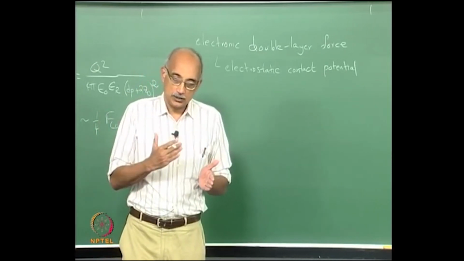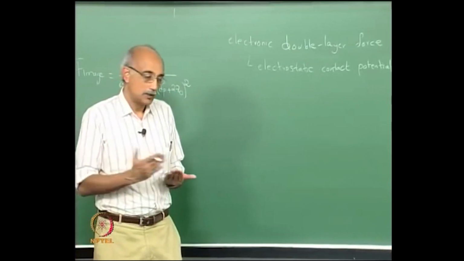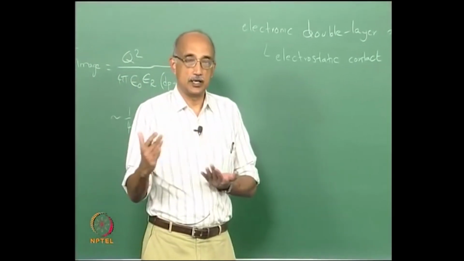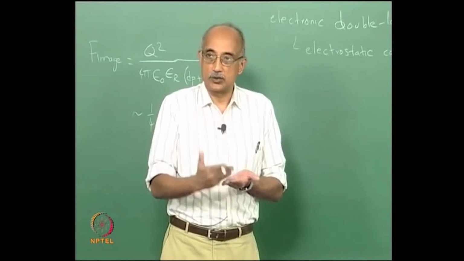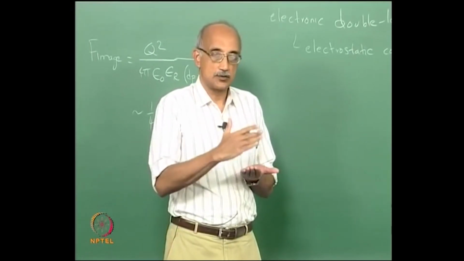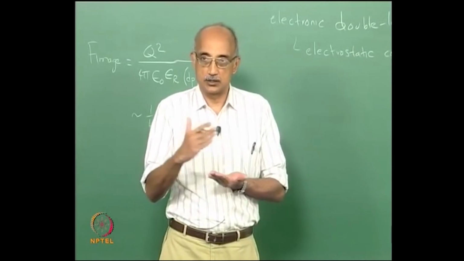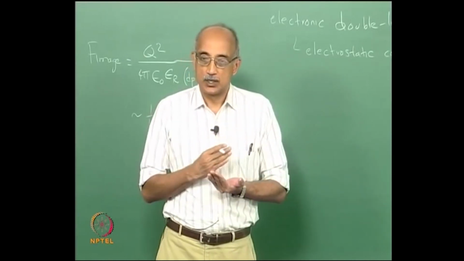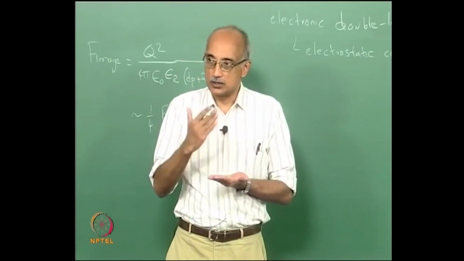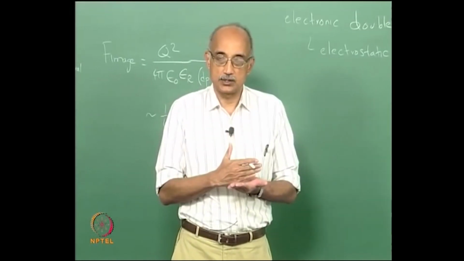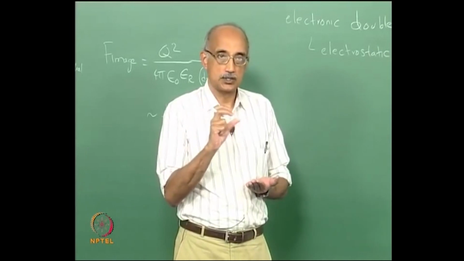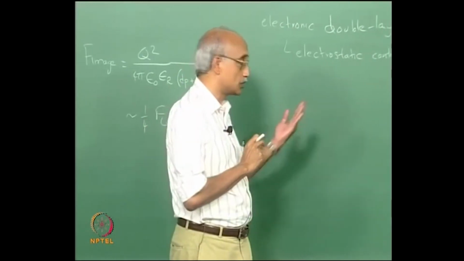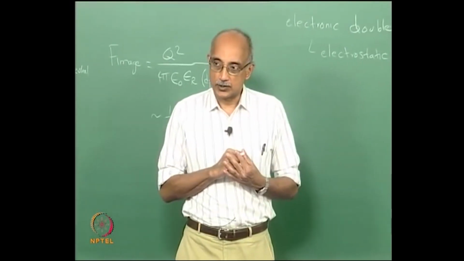This equilibration proceeds until we reach what is known as a constant Fermi level. Electrons are transferred from one object to another till this constant Fermi level is reached across the pair of objects. As this exchange of electrons proceeds, you set up a potential between the two surfaces, and that is known as the contact potential.